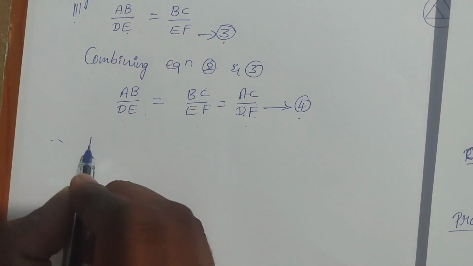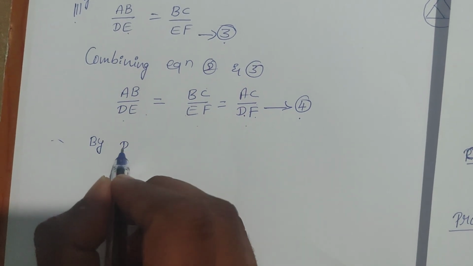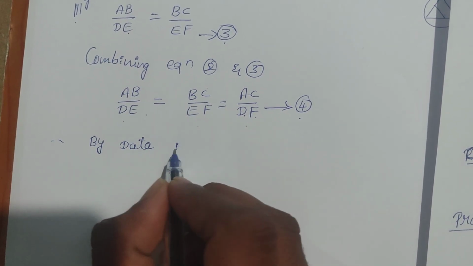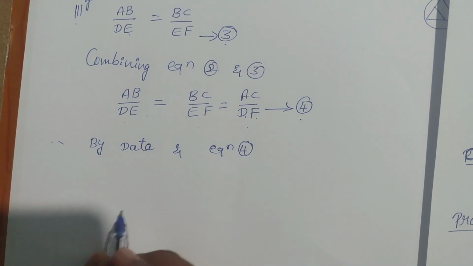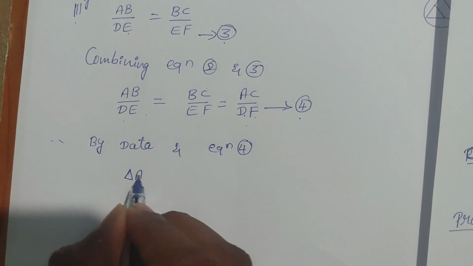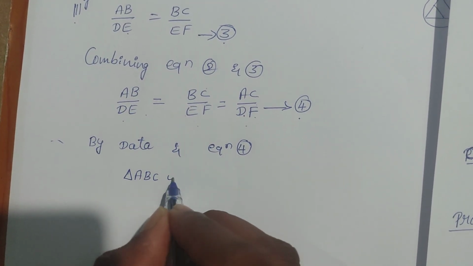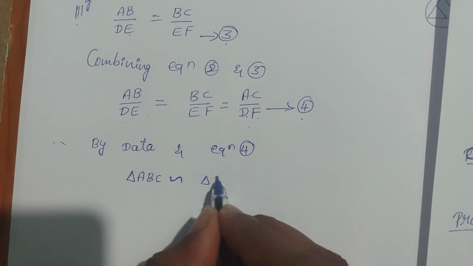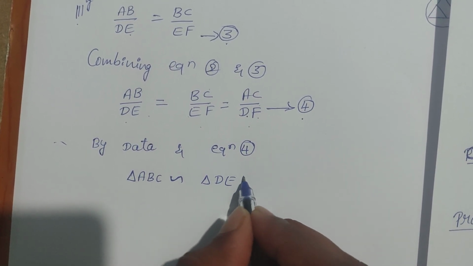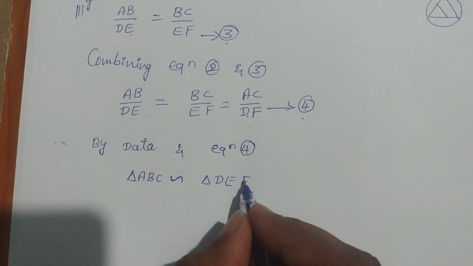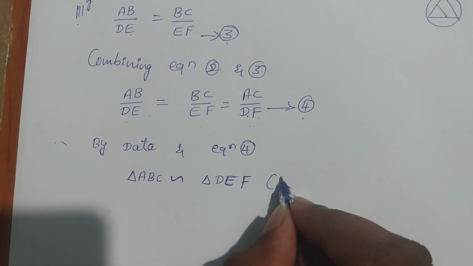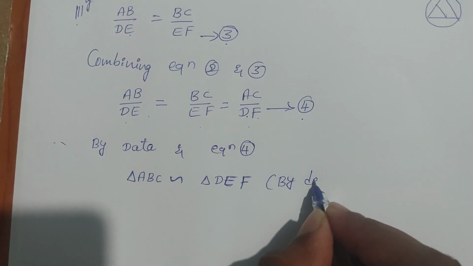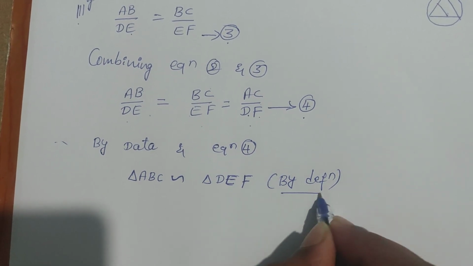So by data and equation 4 we can write triangle ABC is similar to triangle DEF.